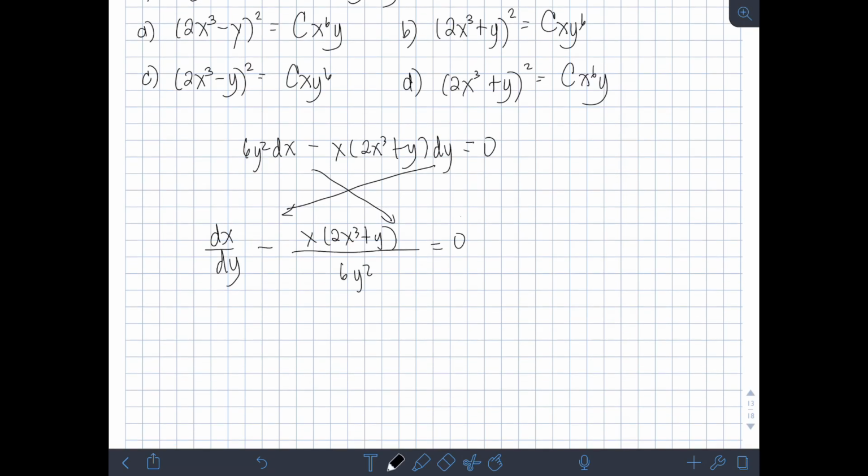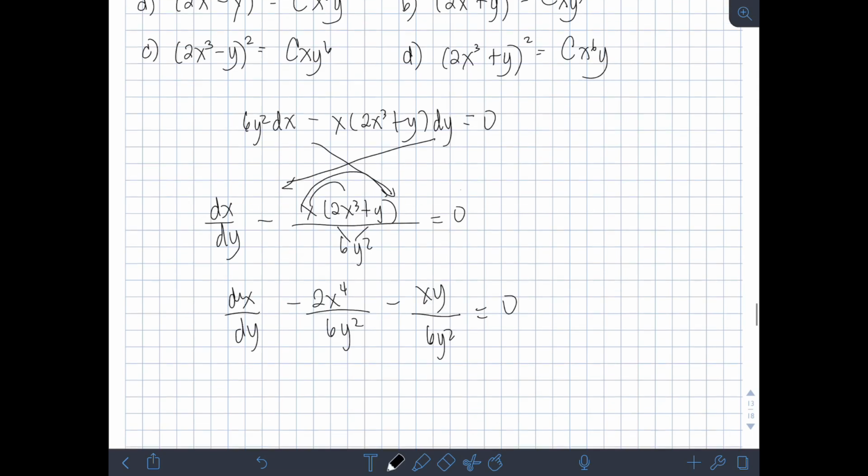Right? So, pag sinimplify natin, dx over dy, distribute ko to, 6y squared. So, distribute ko na rin tong negative x, so, magiging negative 2x to the 4th over 6y squared. Then, minus xy, distribute si negative, x over 6y squared equals 0.